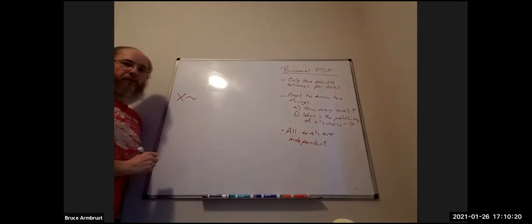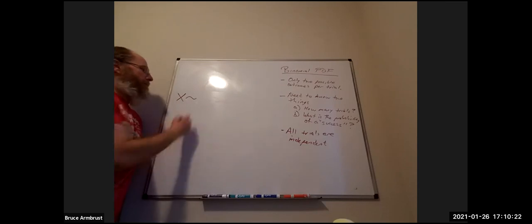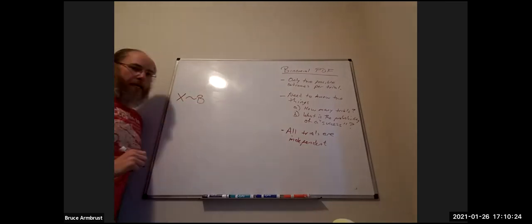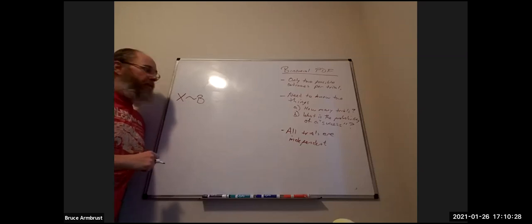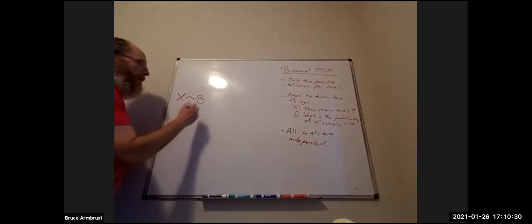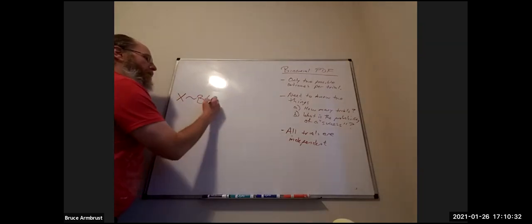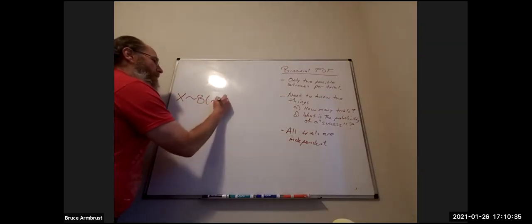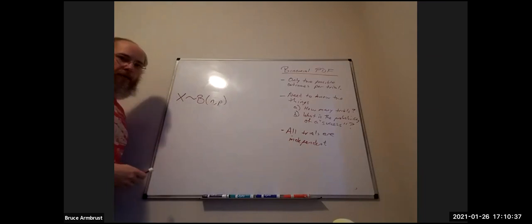We put a little squiggly thing here called the tilde. And then we put a capital B, or binomial. So we have capital B, and then in parentheses, we're going to put N, comma, P.